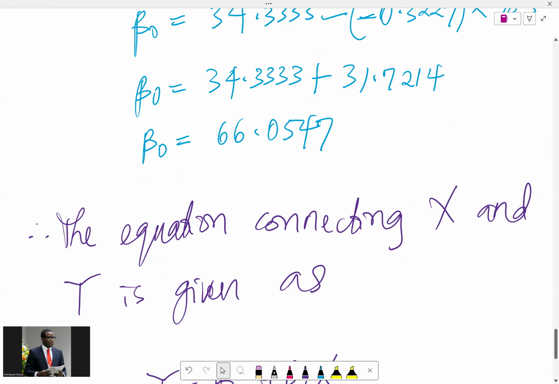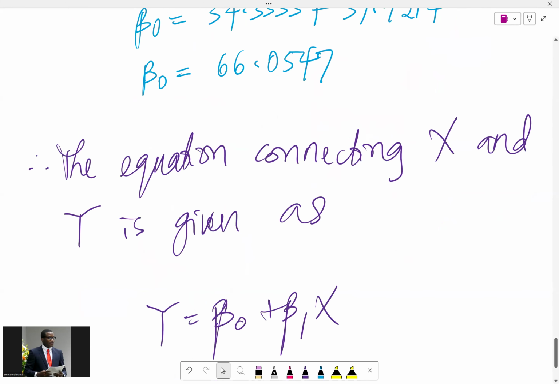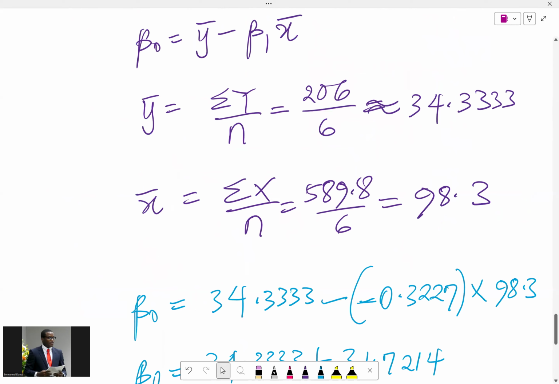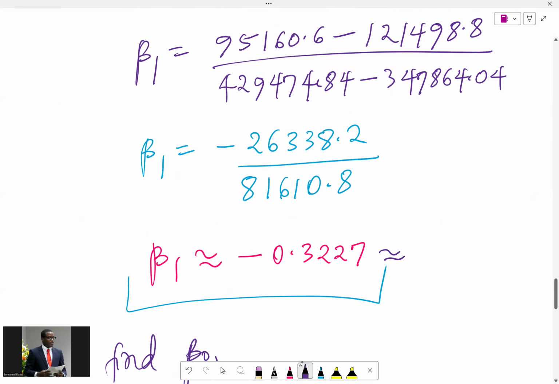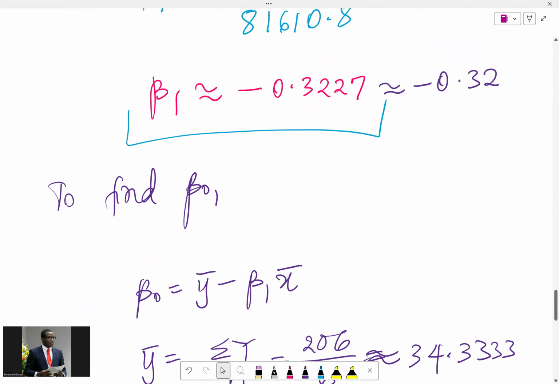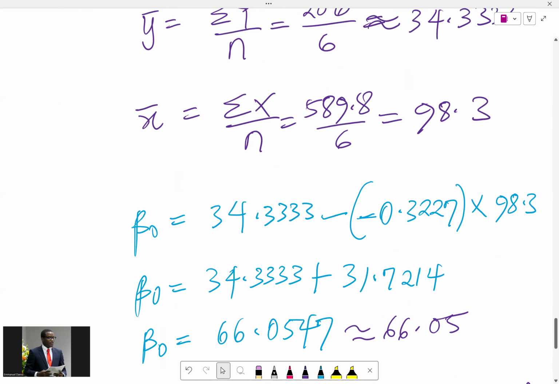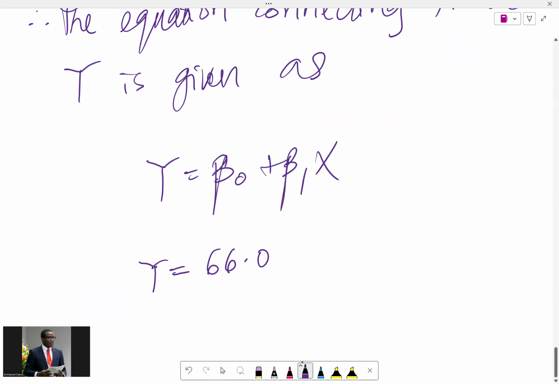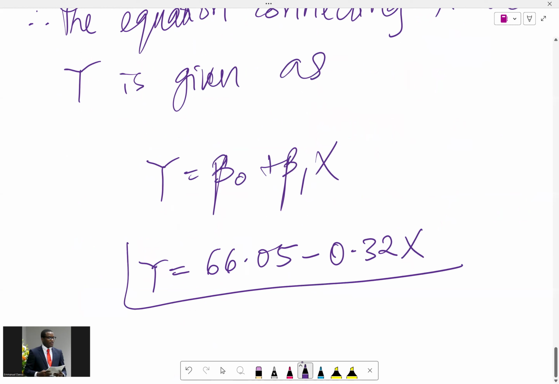Beta naught is 66.0547. We can make it two decimal places, that's 66.05. And this other one is minus 0.32. So y equals 66.05 minus 0.32x.